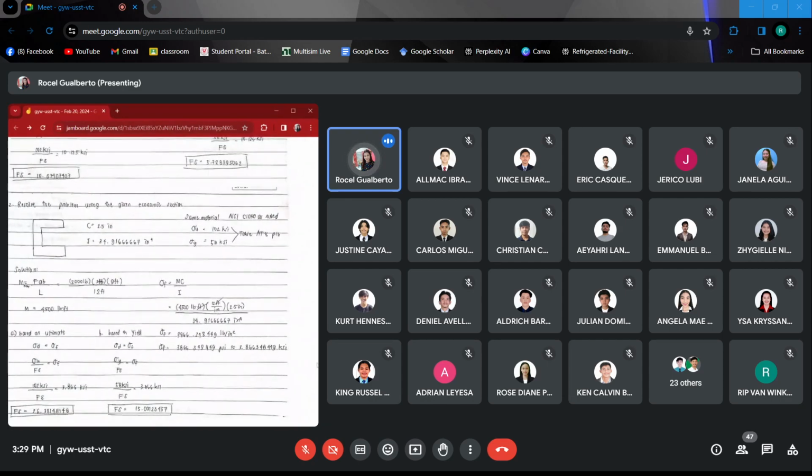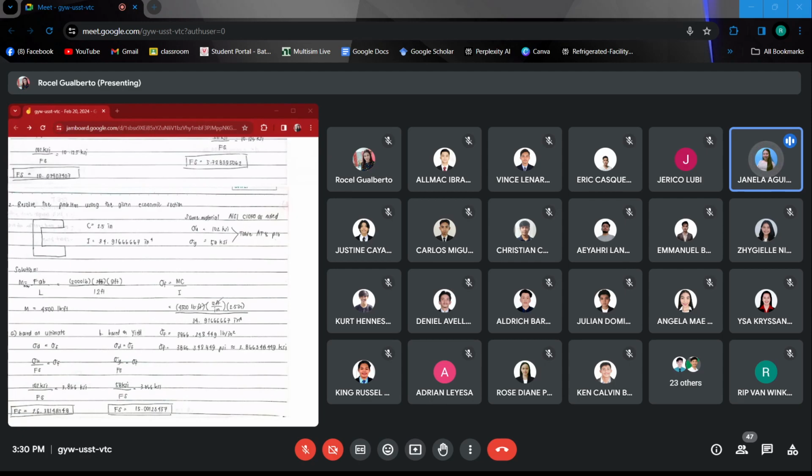Okay, for number 2. So for number 2, we're going to solve the problem using the given section. So ang gagamitin po nating values ng C and I ay yung nakuha po natin dun sa C-beam natin.